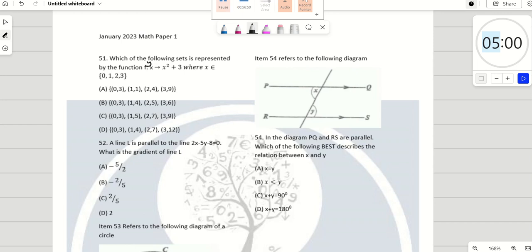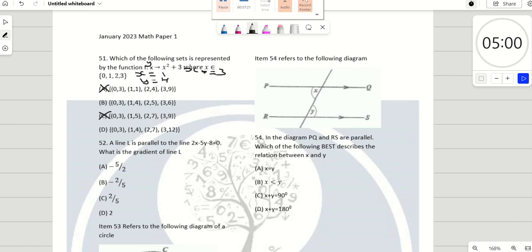We have that. Then when x is equal to 1, let's find out what that is. That is 1 squared plus 3, y is equal to 4. So you're looking for 1, 4, so it's not A and it's not C. Then when x is equal to 3, you put it in the equation.